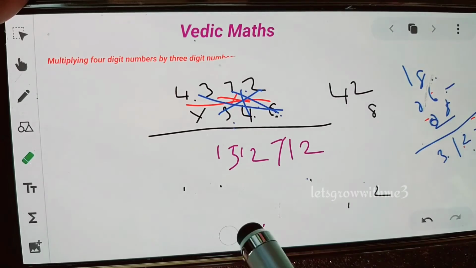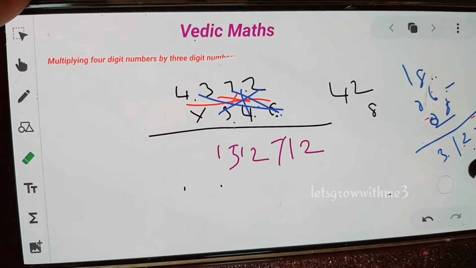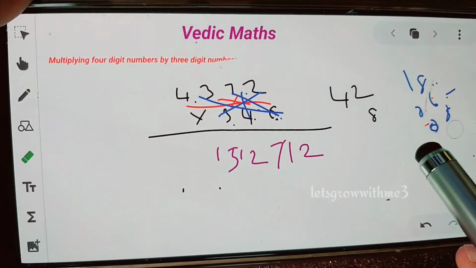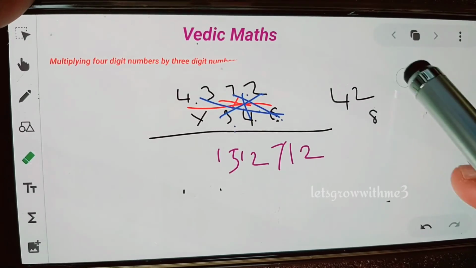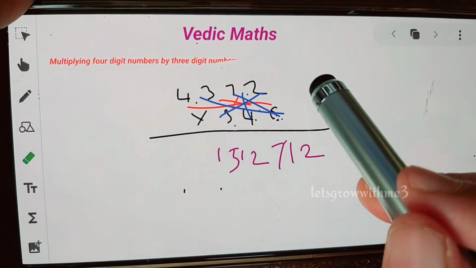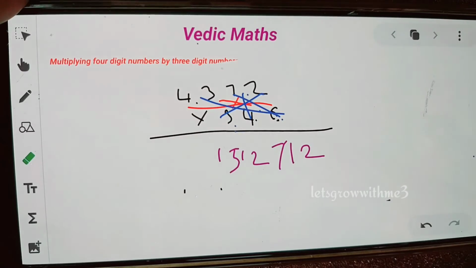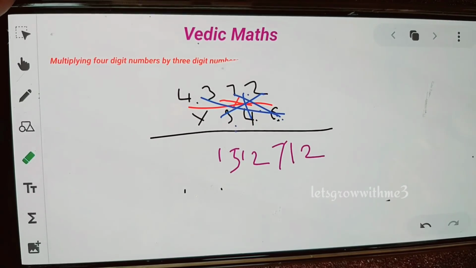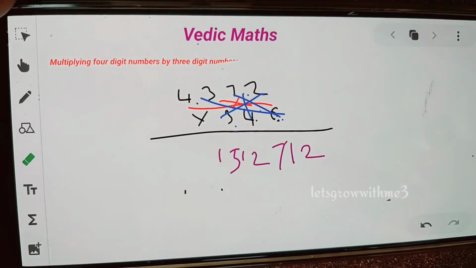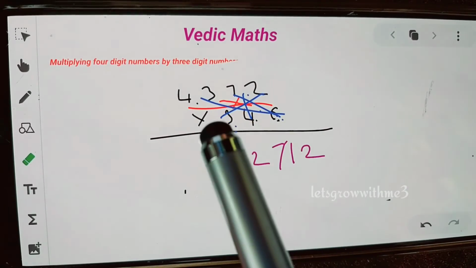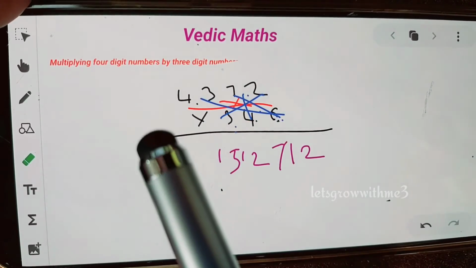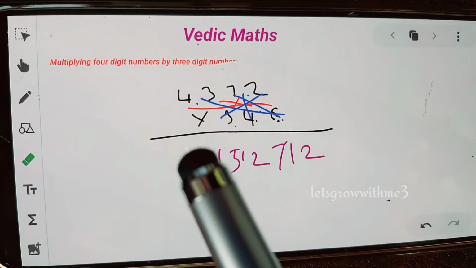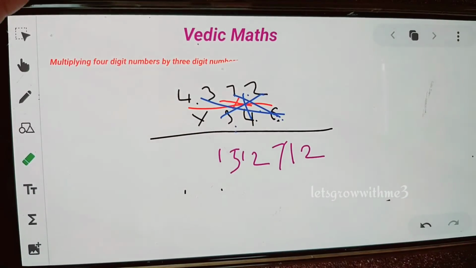Let me revise the concept one more time. So what we need to do, first we need to calculate the straight multiplication values as our leftmost and rightmost values. Okay, after that we need to find out the cross values. So we need to use the 2 digit by 2 digit values, and then do the crisscross to get the product of that value.